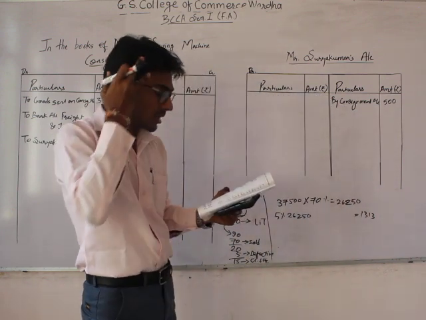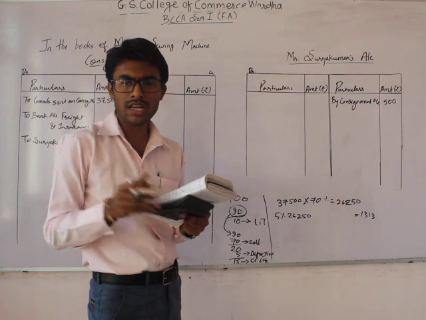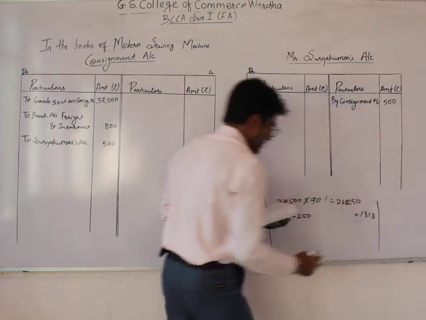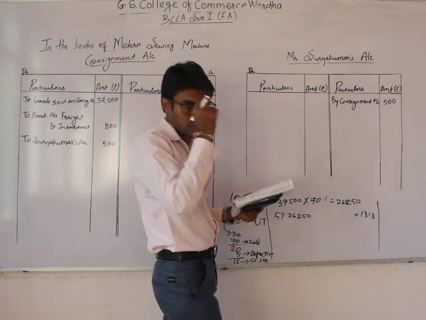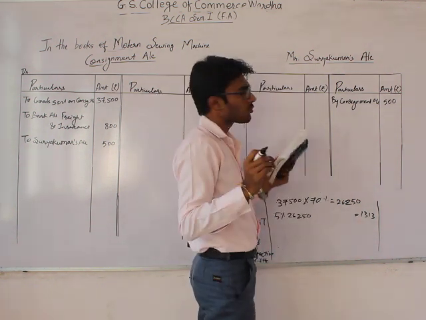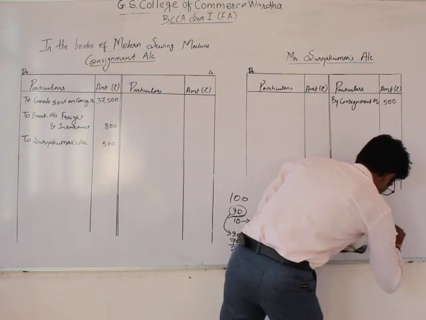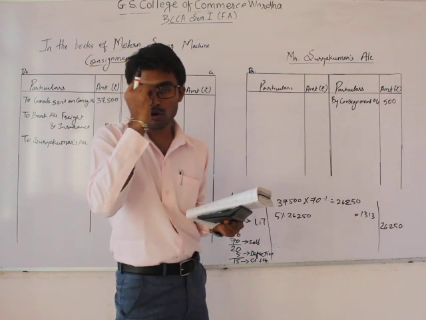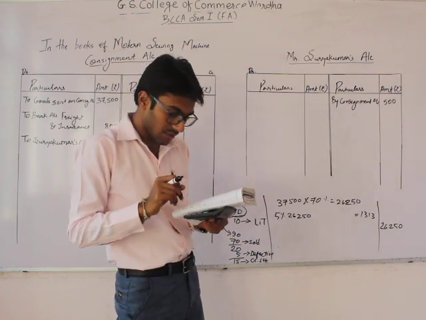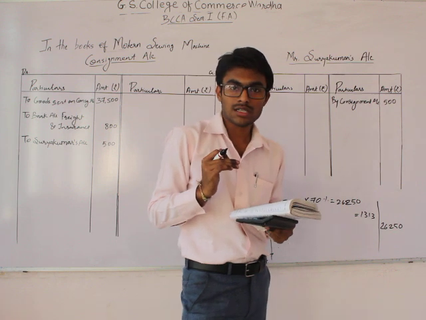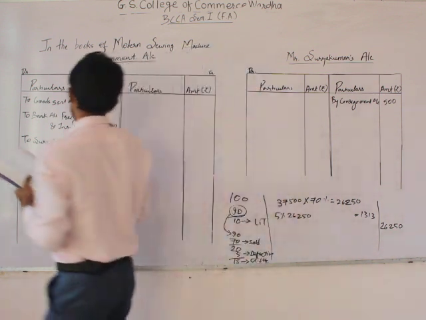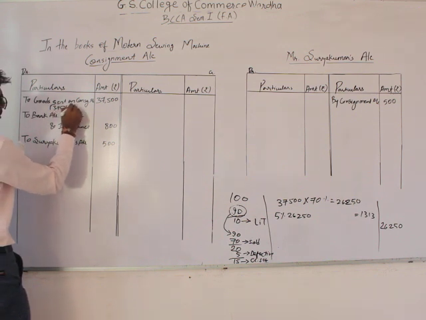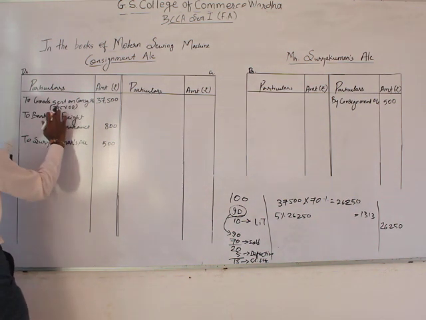Now surplus price realized. How can we calculate it? Surya Kumar has sold goods for 26,250 for 70 units at 500 each, but we have sent these goods at 375.